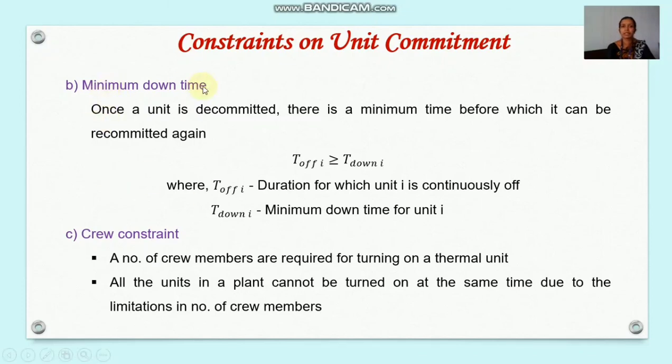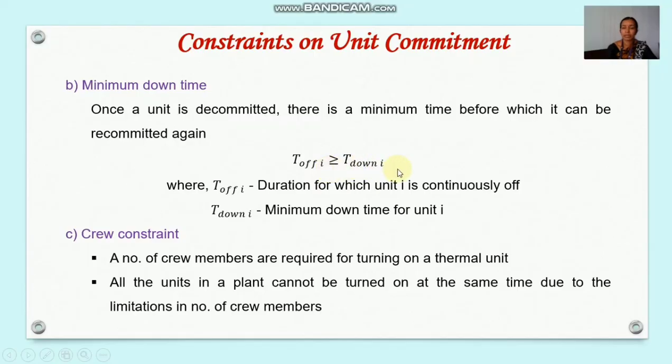Same as minimum uptime, downtime is the time required for a unit to cool down when a unit is decommitted. Even after we remove the load from a unit, its temperature comes down only gradually to ambient temperature. The period from removing the load until it cools to ambient temperature is the downtime of a unit. And if we are doing so, the off period should be greater than or equal to the down time.